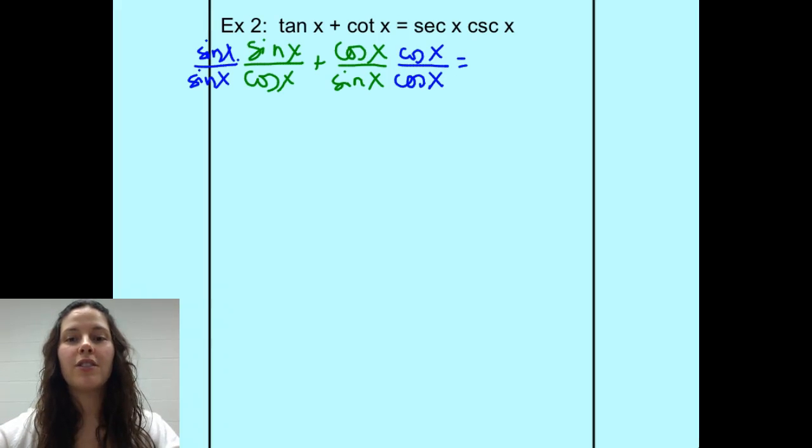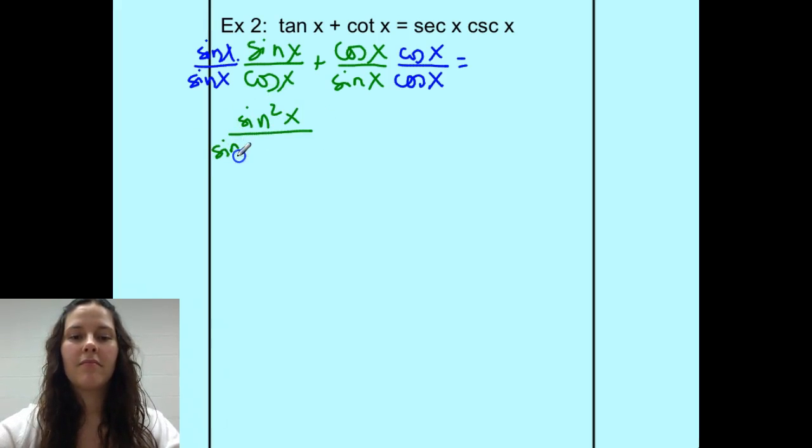Simplifying my first fraction, I've got sine squared over sine times cosine. Second fraction, we've got cosine squared over sine times cosine.